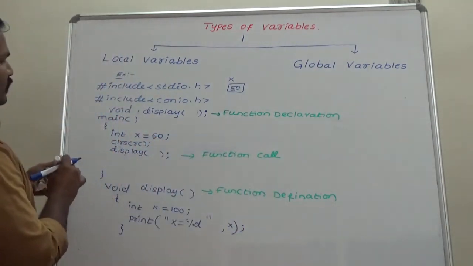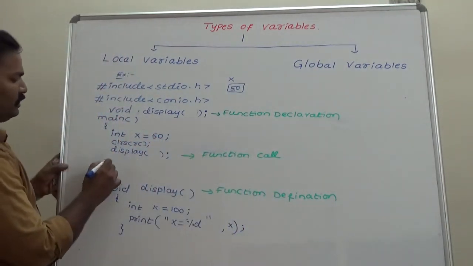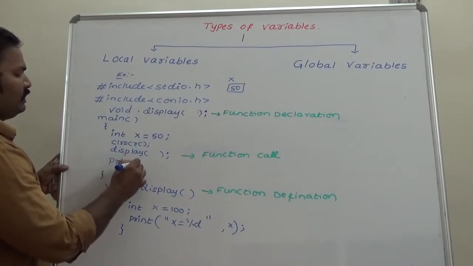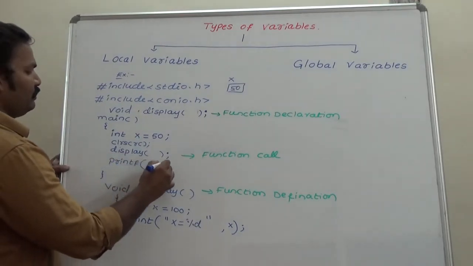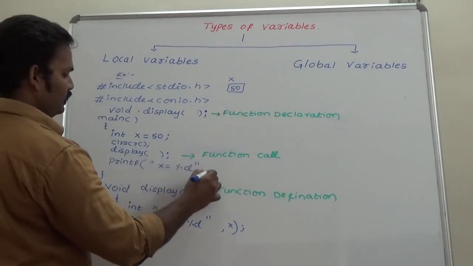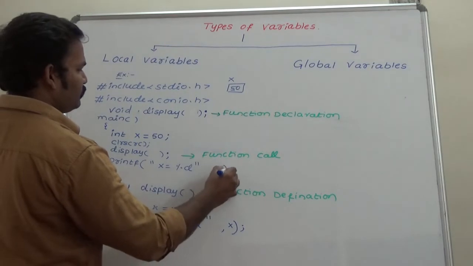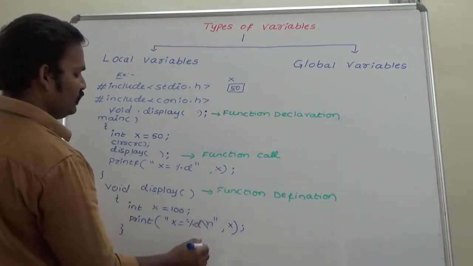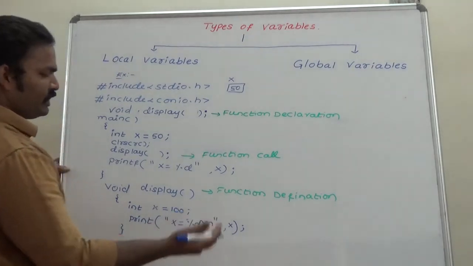After the function call statement, I want to print x value on the screen. x is equal to %d, comma x. Here I am writing \n to move the cursor to the next new line.